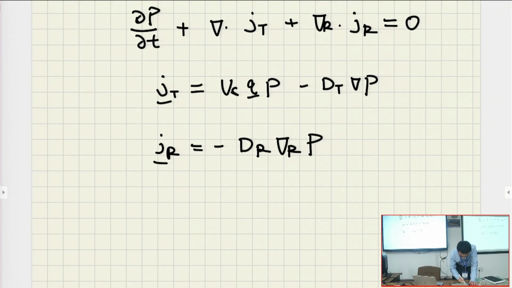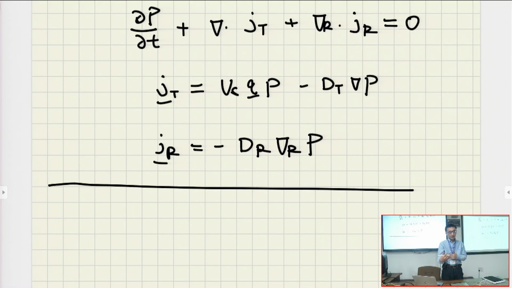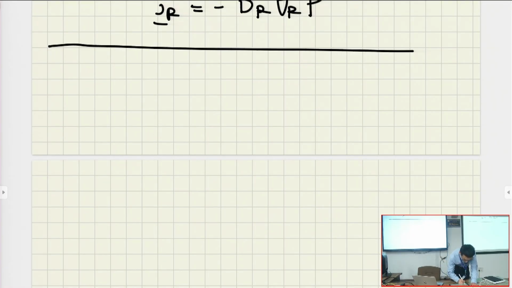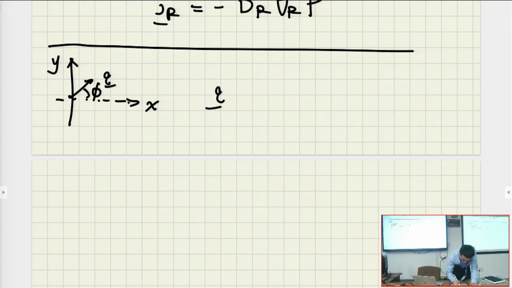Okay, great. So we also talked about how do we work with these operators. So let's think about 2 dimensions. So in 2 dimensions, we can parameterize our orientation vector Q in Cartesian space X and Y using just an orientation angle phi, right? So in that case, Q becomes cosine phi, sine phi.